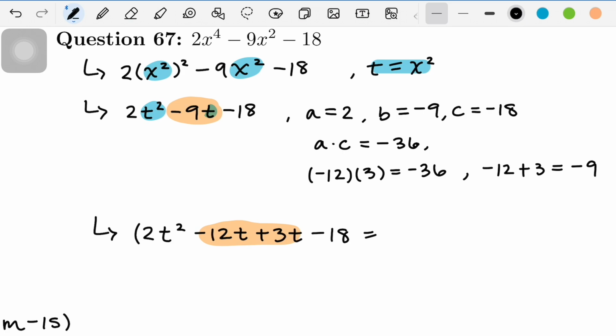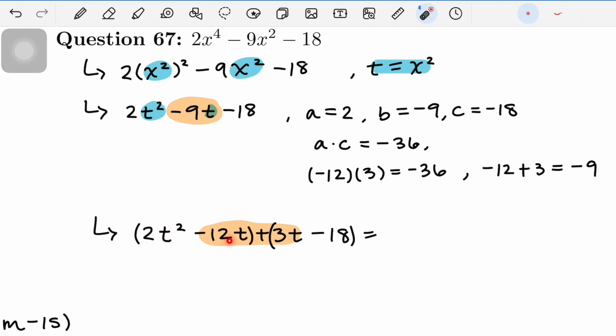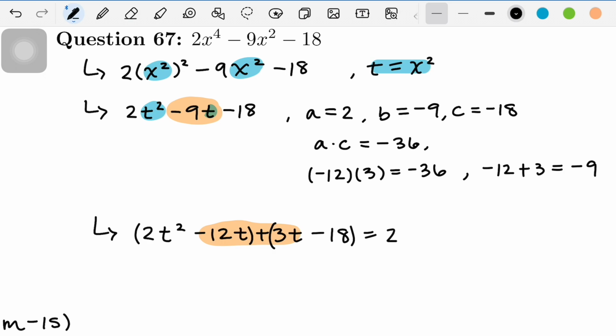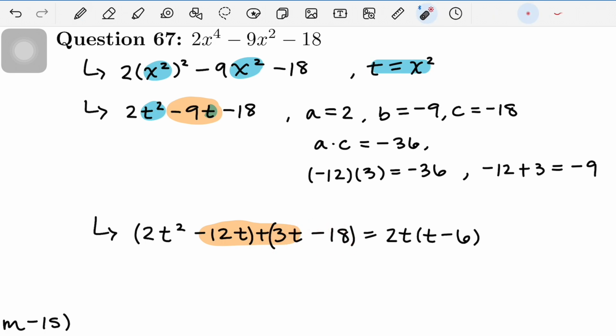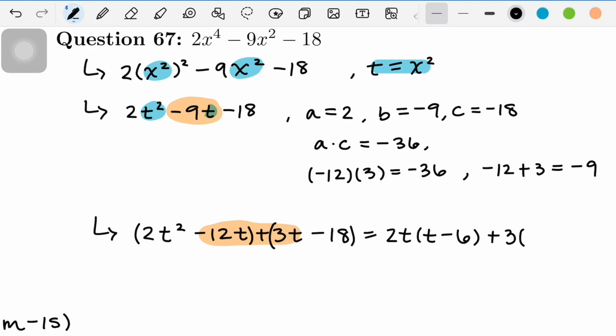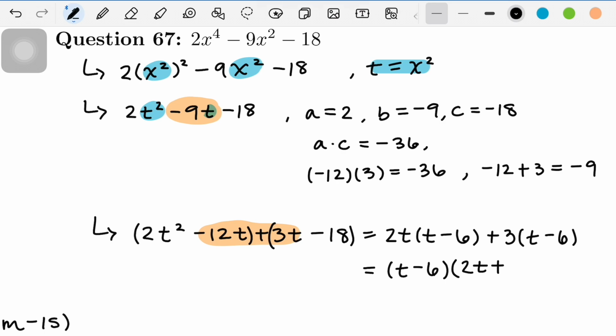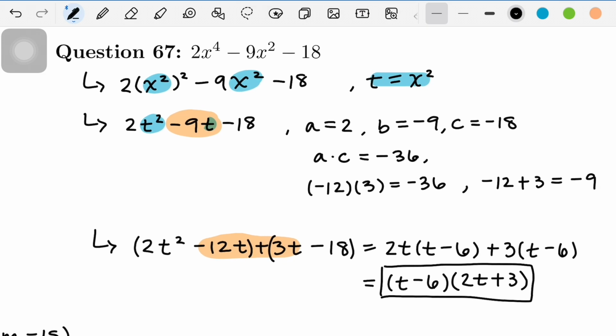We are going to group these 2 pairs and these pairs here. Now these guys share a common factor of 2t, so we'll pull that out. What we're going to be left with is t minus 6, and then these guys share a common factor of 3. So pulling that out, we're going to be left with, again, t minus 6. So we're going to pull that t minus 6 to the front. And what we're left with is 2t. So this will be our final answer here using our factoring by grouping method.